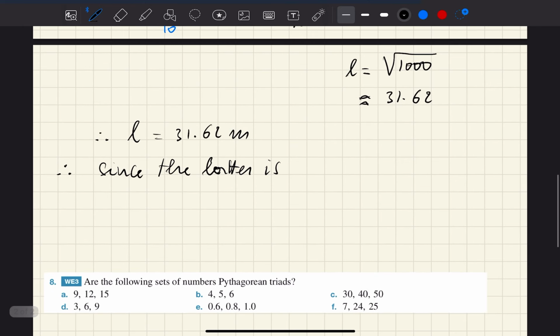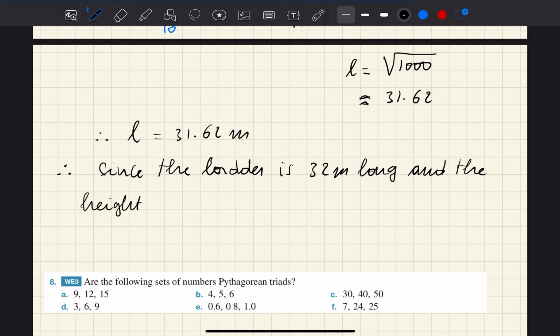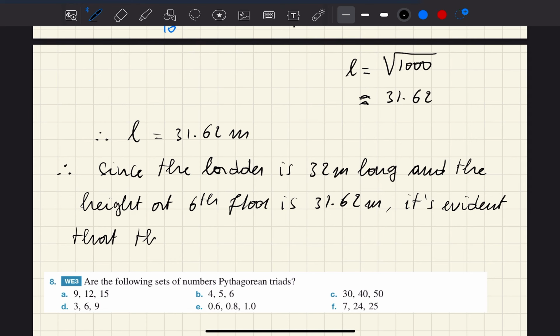Since the ladder is 32 meters long, and the height at the 6th floor is 31.62, it's evident that this ladder can be used.